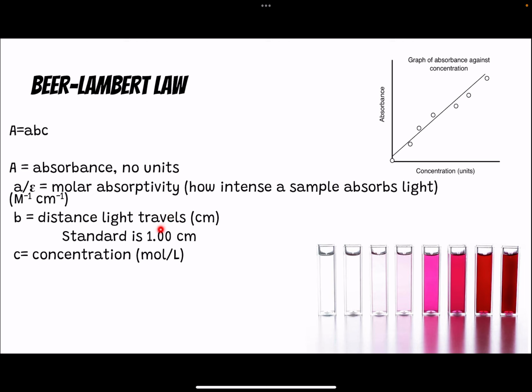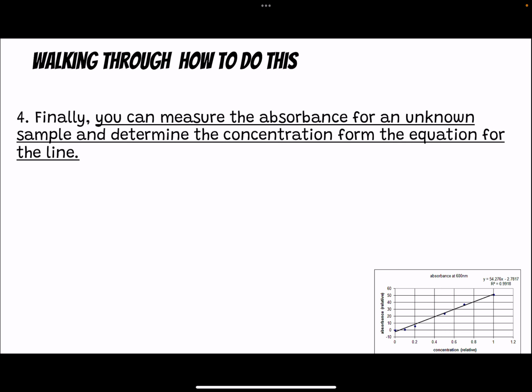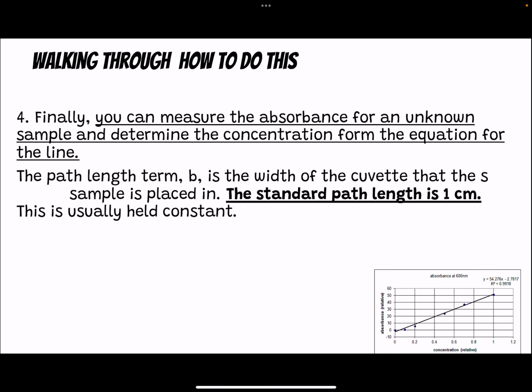So always assume 1 unless told otherwise in the question. If it doesn't give you the information, it's 1. And then c is concentration, which is molarity. So finally, once you get your information, your graph should look like this, and you'll get your absorbance. And again, the standard path is always 1 centimeter.